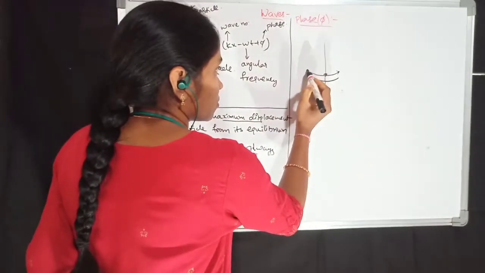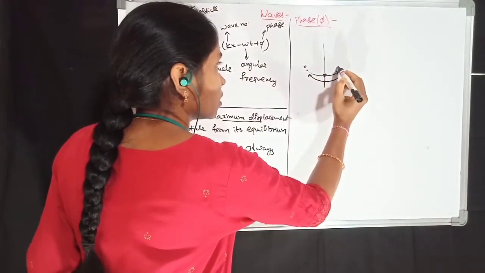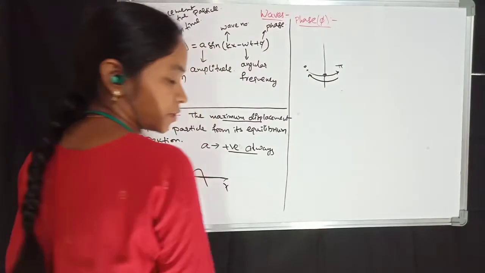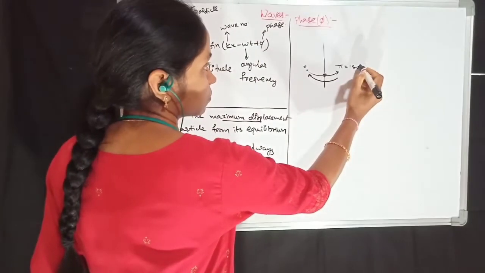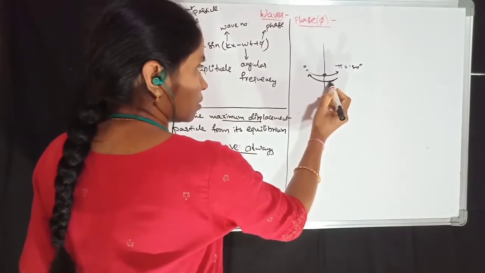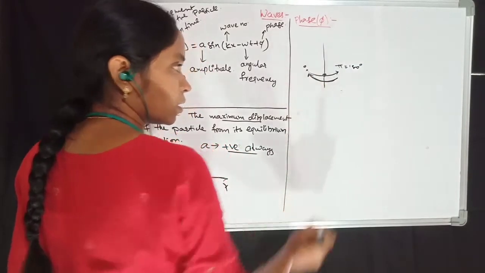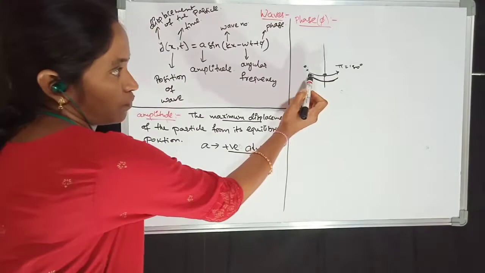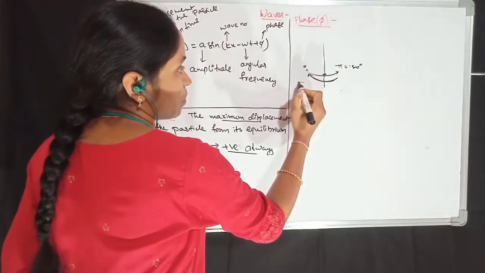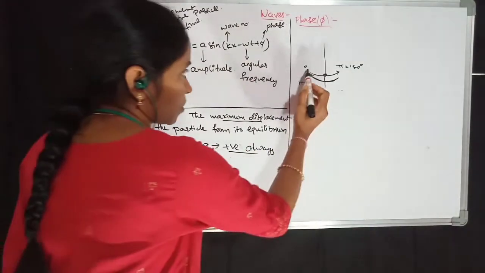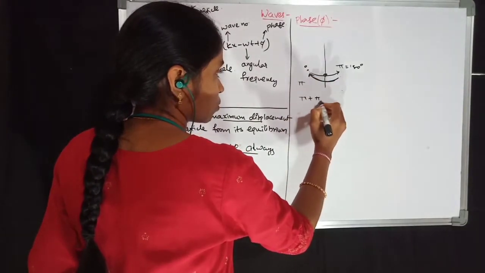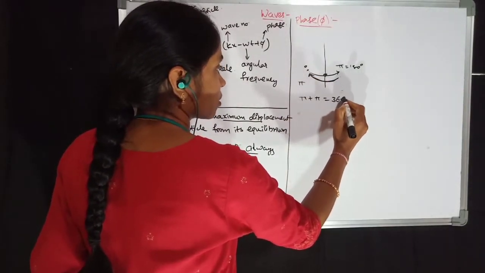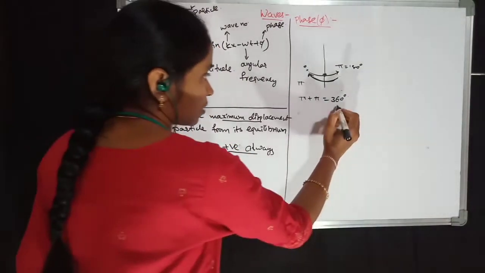Initially it is at the 0 position, then after it covers a distance of pi. Pi is nothing but 180 degrees. Then it returns to this position and covers another distance of pi, right? So from here to here is pi, and from here to here is pi plus pi. Totally we have 360 degrees, which is nothing but 2 pi.